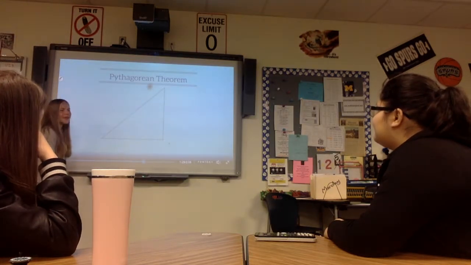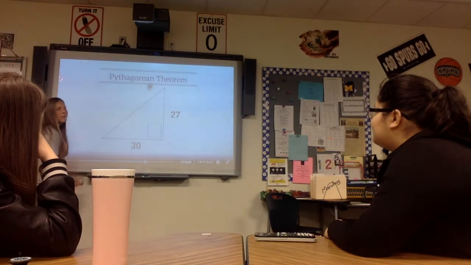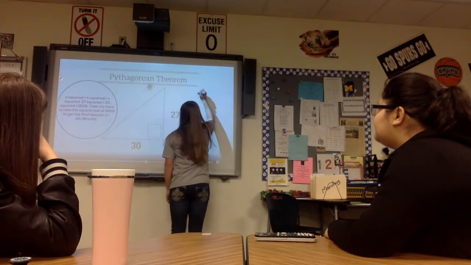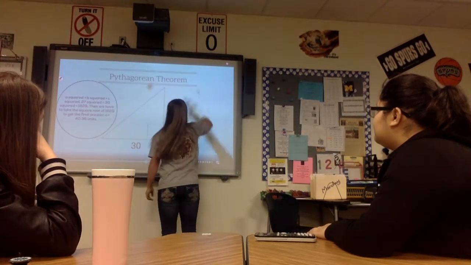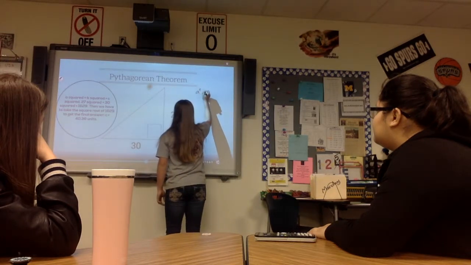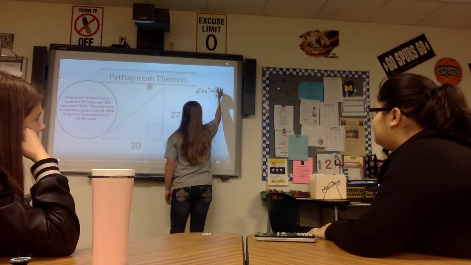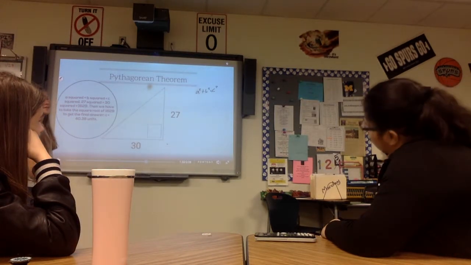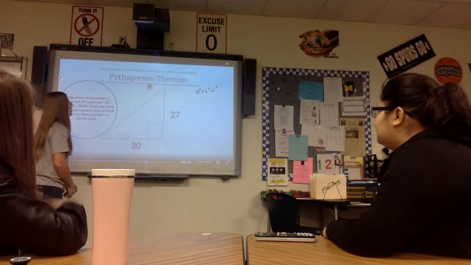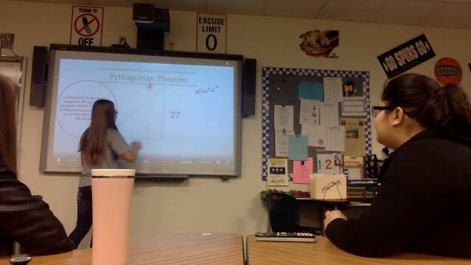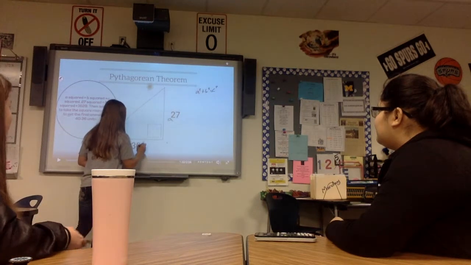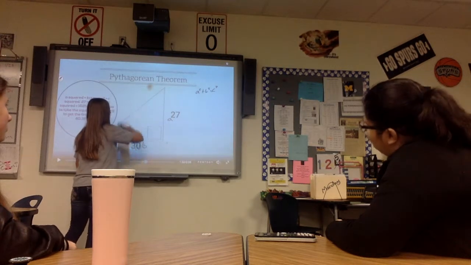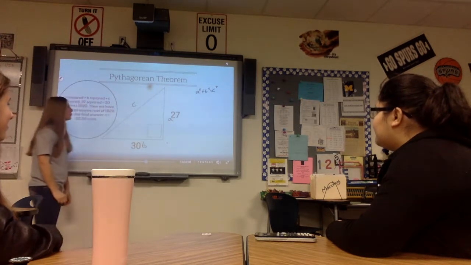Pythagorean theorem. Does anybody know what that is? A squared plus B squared equals C squared. Yes. This right here is A. This is B. And your hypotenuse is always C. Okay.